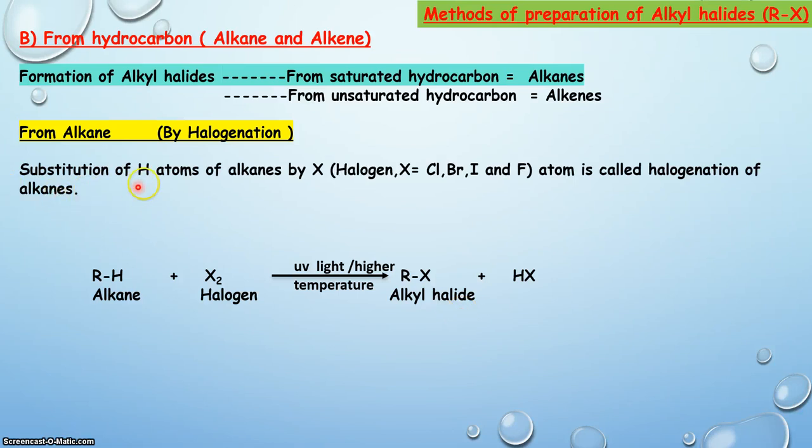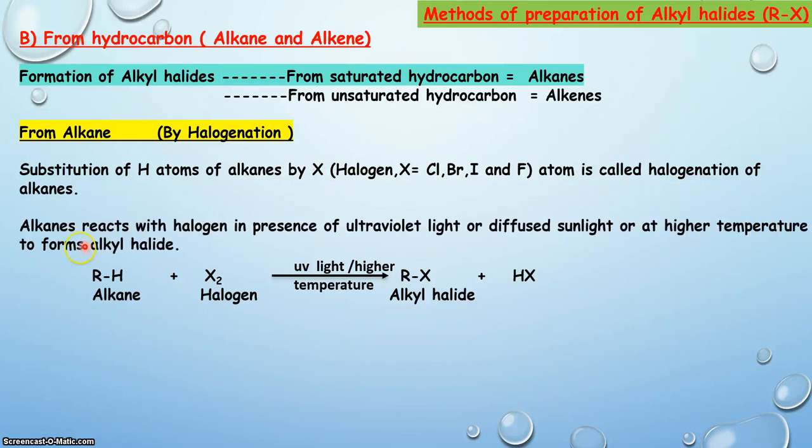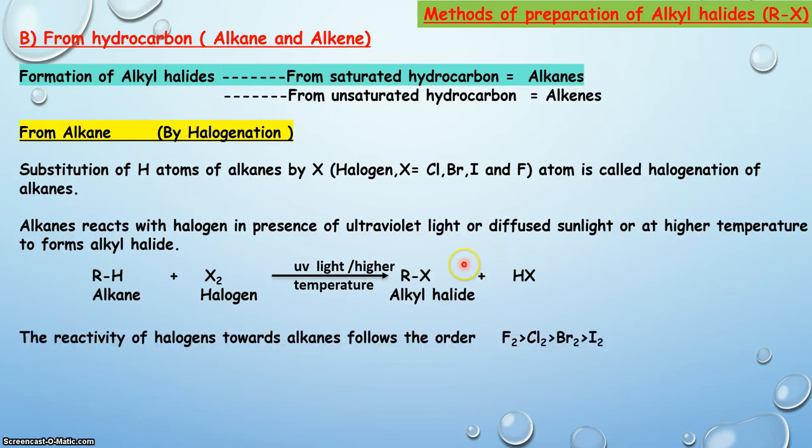So substitution of a hydrogen atom of alkanes by a halogen, it may be a chlorine, bromine, iodine atom, is called halogenation of alkane. Alkane reacts with this halogen in presence of ultraviolet light or diffuse light or at higher temperature to form the alkyl halide.